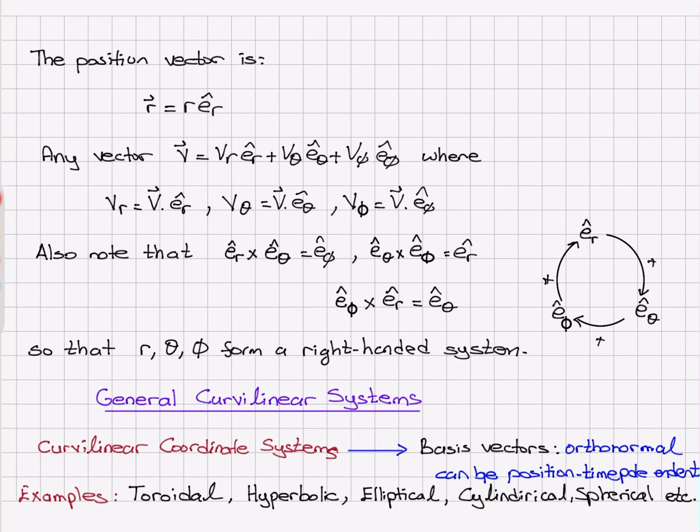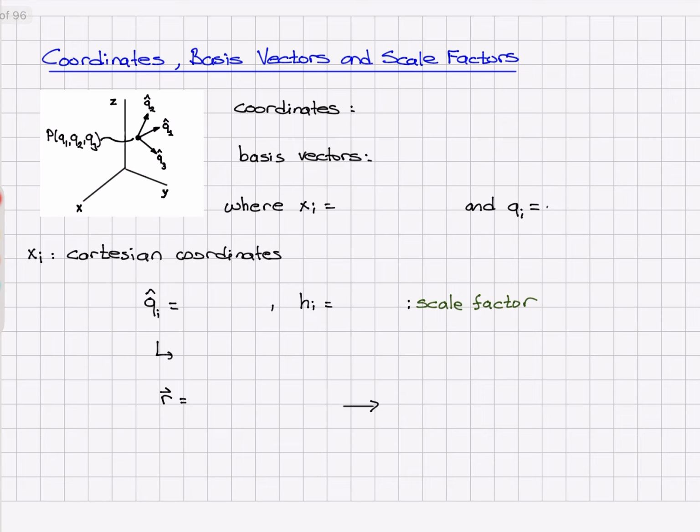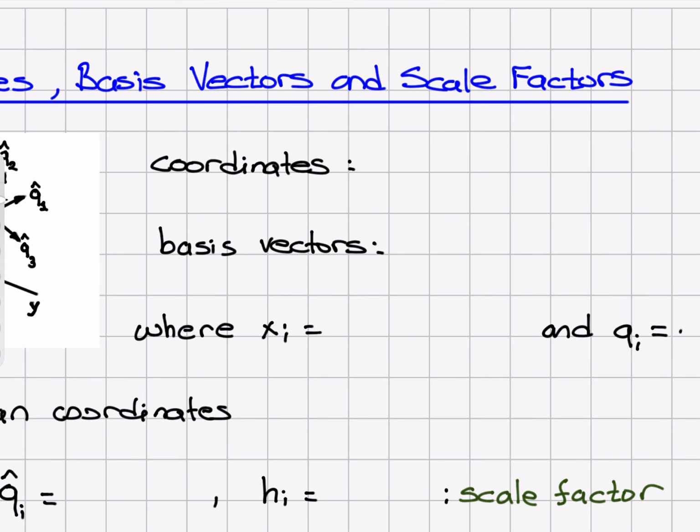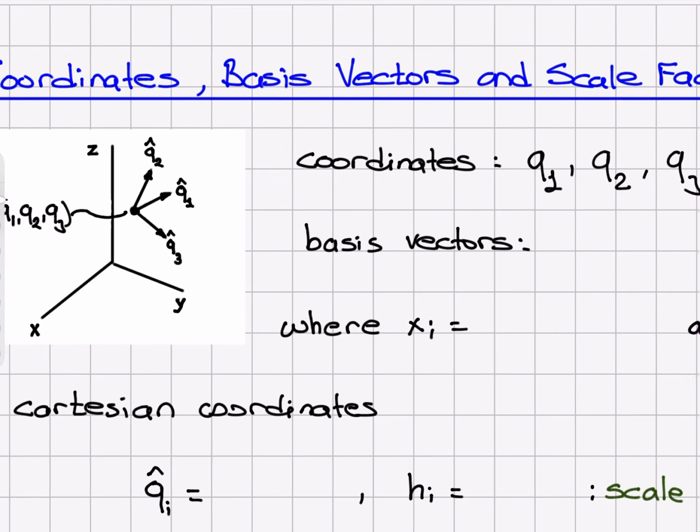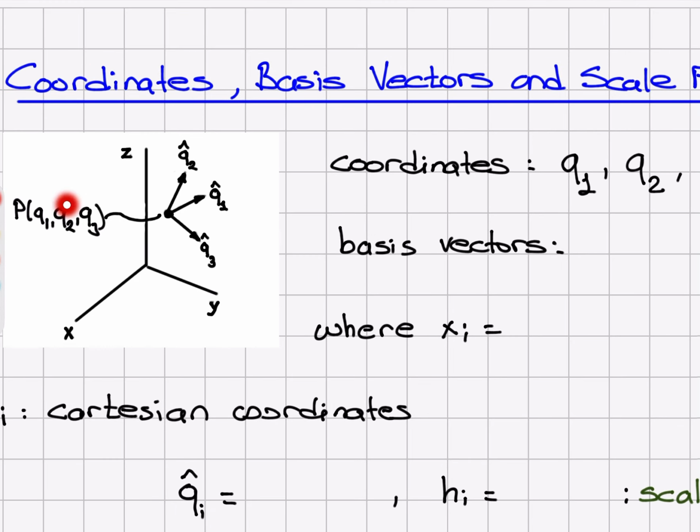And in these coordinate systems, the generalized coordinates we will show as q1, q2, and q3. So that is to say we have qi, where i can take values 1, 2, and 3. These are the coordinates that represent the position of a point in a curvilinear coordinate system.